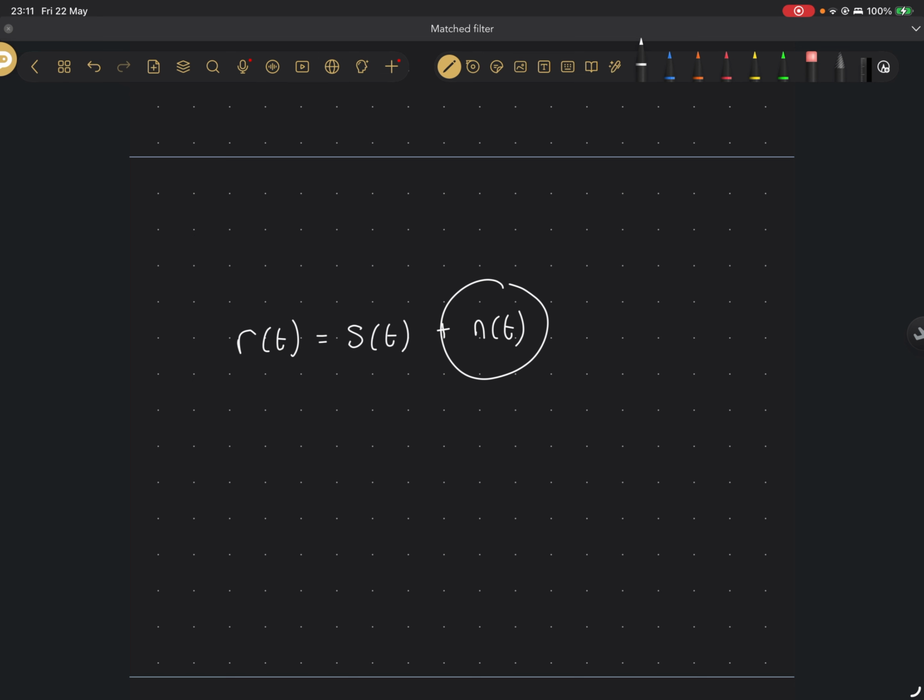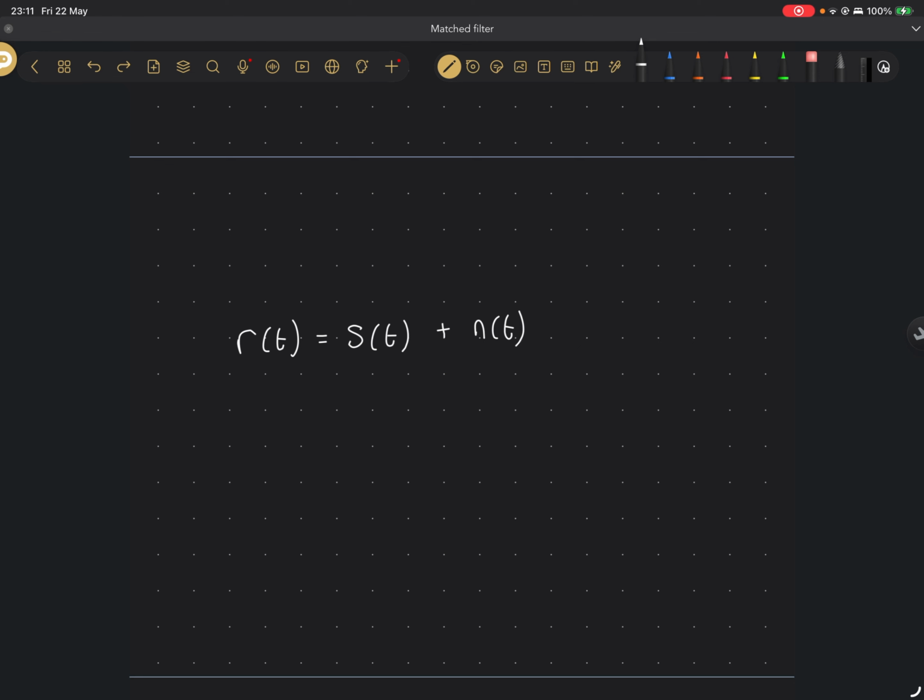In particular, additive white Gaussian noise. So you can imagine the useful signal we care about is buried inside this random noise. The noise is superposed on top of our transmitted signal and it's making it all fuzzy, right?